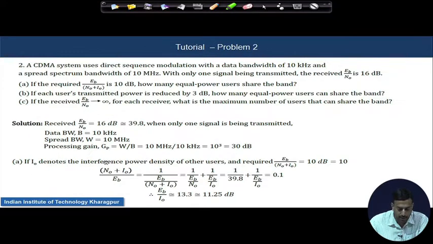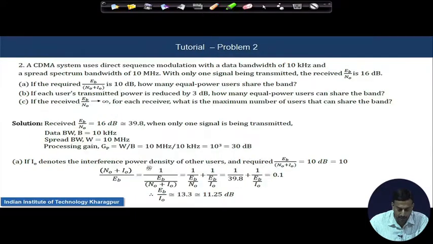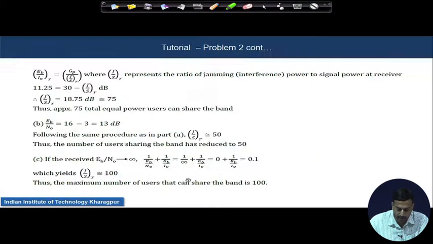Finally, we have been told that noise power is almost negligible, so Eb by N naught tends to infinity, and we use this expression which we had used previously for part A of the solution, wherein this first term turns out to be 0, and now we straight away get Eb by I naught as 0.1, which once again, following a similar analysis, gives us a jammer to signal power ratio of 100.